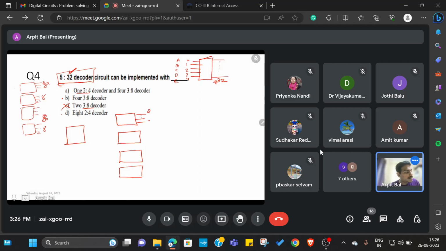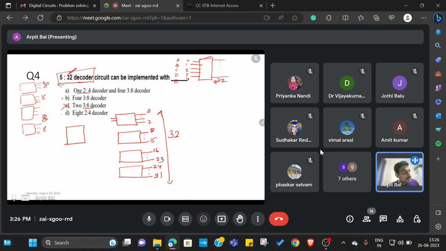Dot dot dot, this is 7. Similarly, this will be 8 to 15, this will be 16 to 23, and this will be 24 to 31. So here we have the 32 outputs.